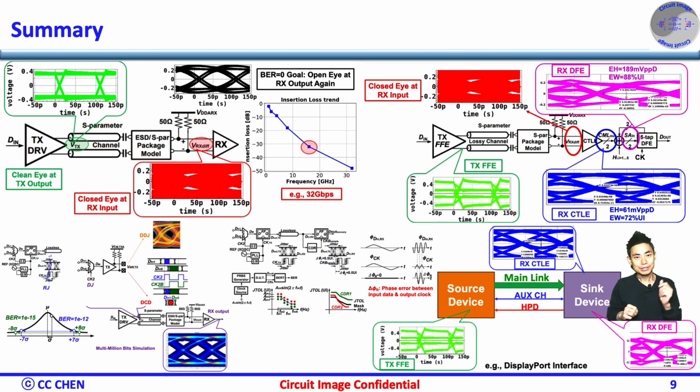Third, the simulation time of the IBIS model is still not fast enough to evaluate a very low bit error rate in a multi-million bits simulation in a reasonable simulation time. Lastly, the IBIS model cannot emulate the link training process properly, so we cannot only rely on the IBIS model. Instead, let's brainstorm to seek other better behavior modeling in the next video.